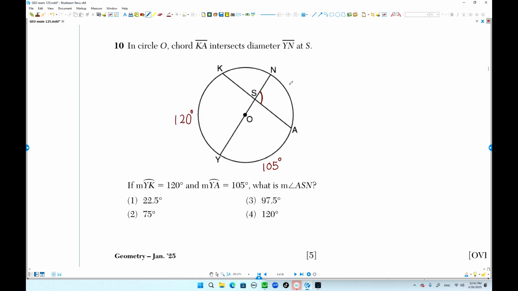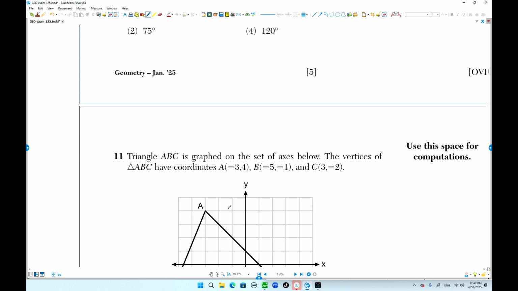To use the formula, we need to find the measure of the arc on this side. This is the diameter, central angle is 180. We already have 105, so this side is 75, right? So the intersection angle equals, what is that formula? You remember, right? The sum of these arcs divided by 2, actually. The average, okay? 97.5 degrees. Option 3 is the answer.